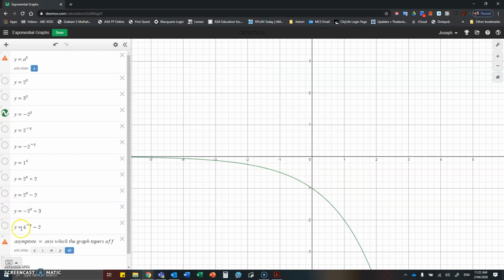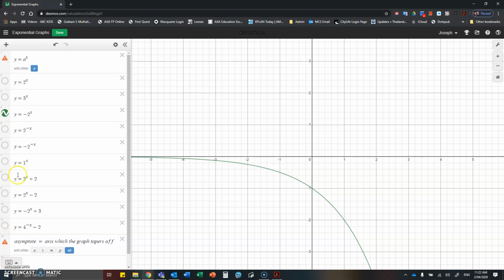Last graph. We have y equals 4 to the power of negative x, minus 2. So 4 is greater than 2, so we're expecting a steeper exponential graph. The negative x is going to flip the graph, or reflect it about the y-axis, and then the negative 2 here, that constant, is going to translate the graph down 2 units.